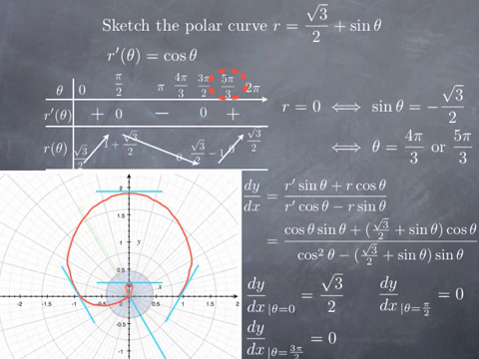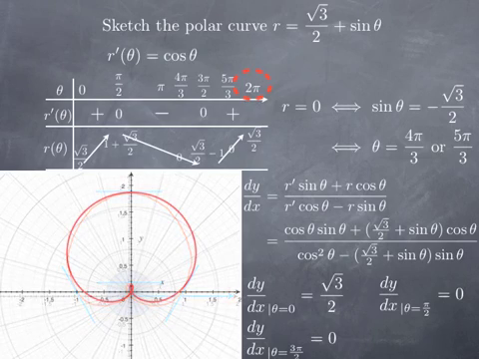And then as we move back from 5 pi over 3 to 2 pi, r is again positive, so we trace out the curve this way. So we have all our important points, important tangents, and if we smooth things out, this is what we obtain.